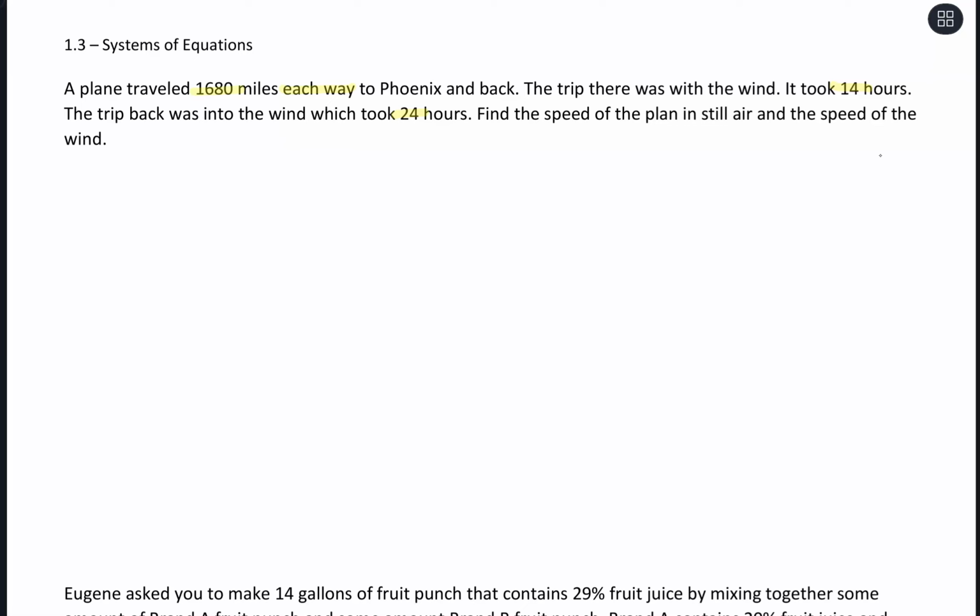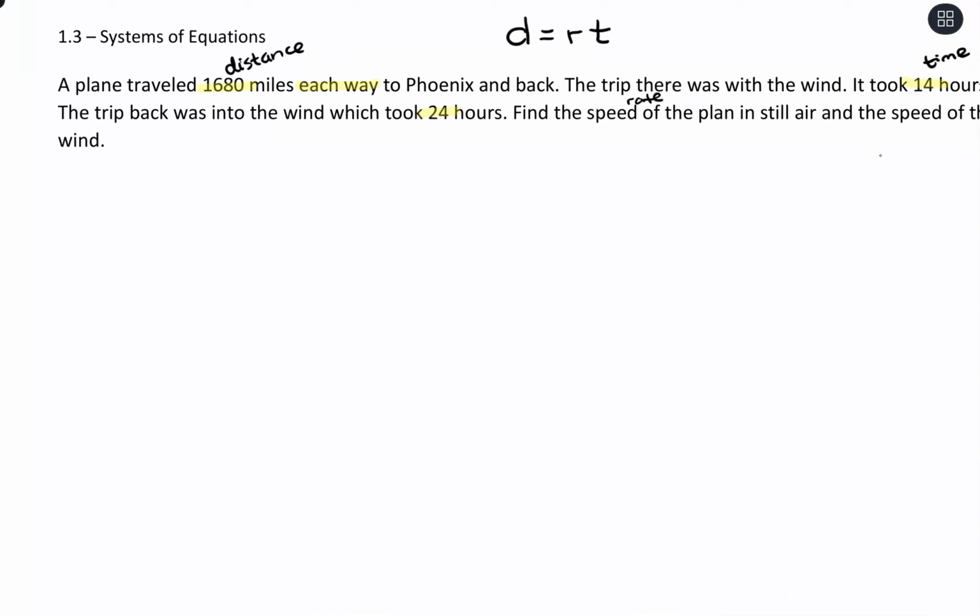Okay, some things that I'm seeing here: we have distance, we have time, and our question is about rate. I'm thinking we're going to need our DIRT formula: distance is equal to rate times time. So with that, I'm going to make my handy dandy little table.